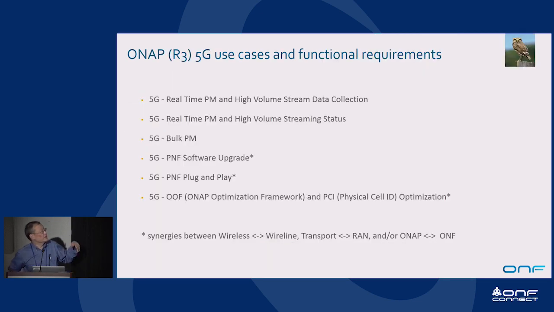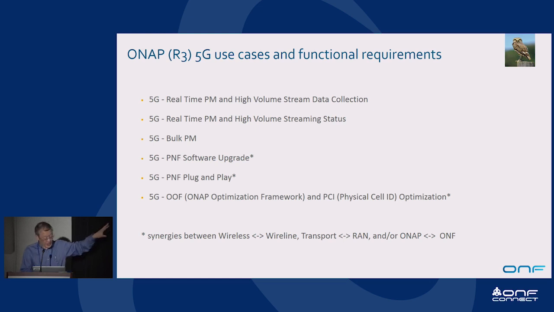This is just a list of some of the 5G ONAP Release 3 5G use cases that tied in with the testing, so real-time performance monitoring information, physical network function, the wireless box, physical network function software upgrade, plug and play, and so on.